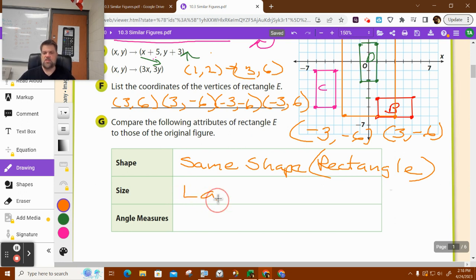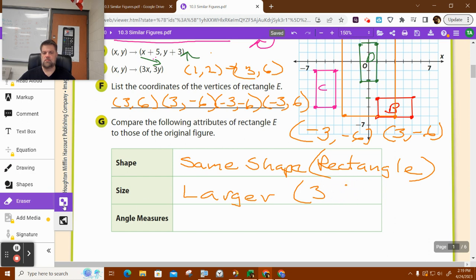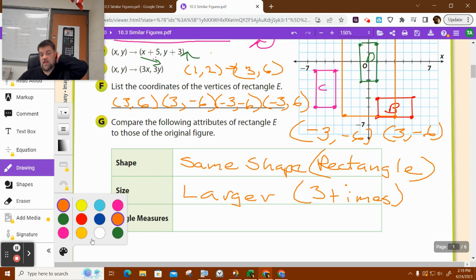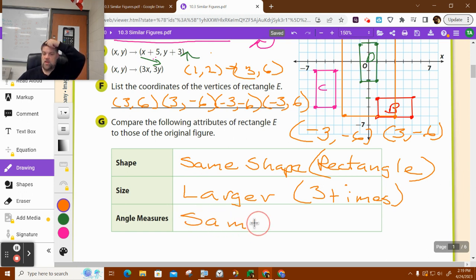The size is larger by how much? 3 times. And the angle measures, those are all the same. They're all 90-degree angles on the inside of the corners.